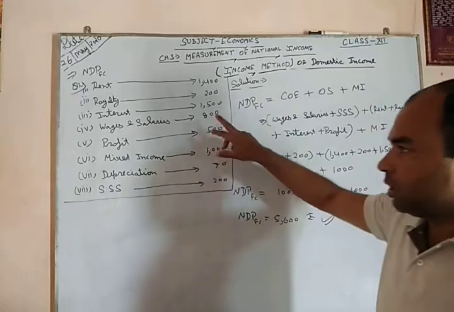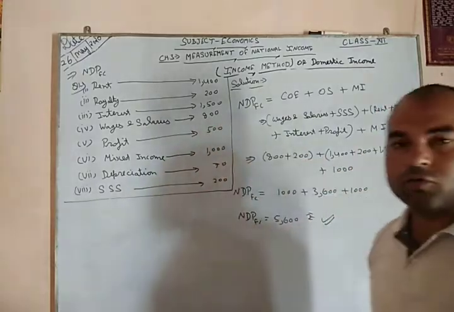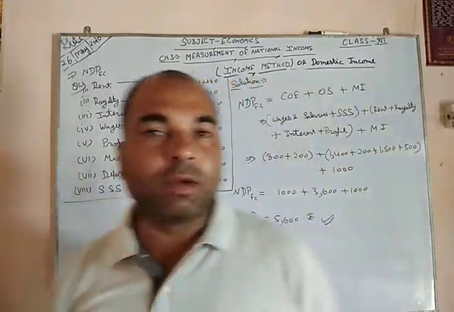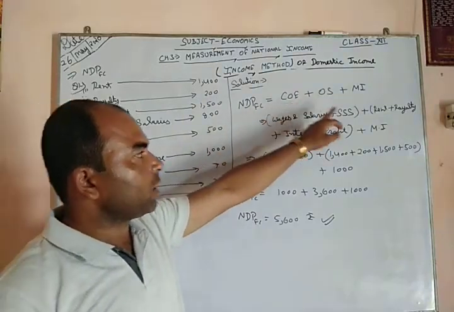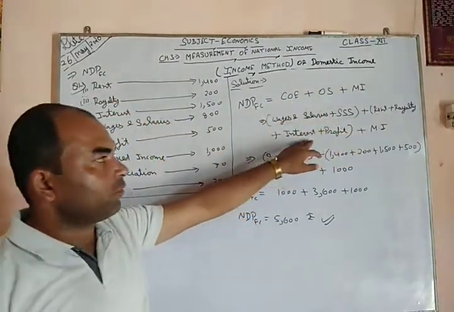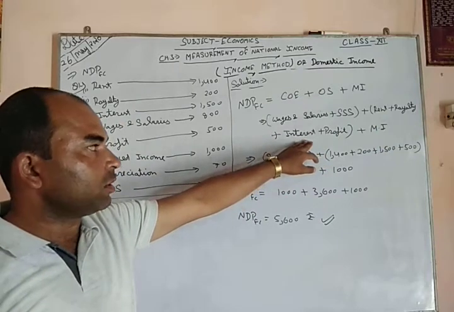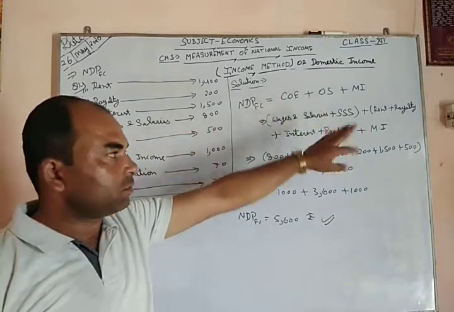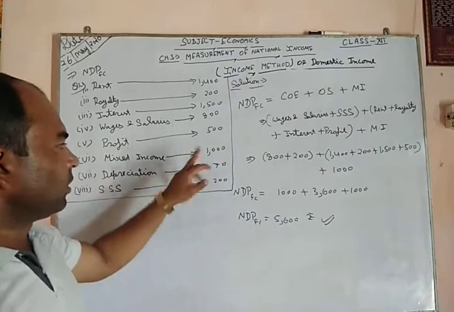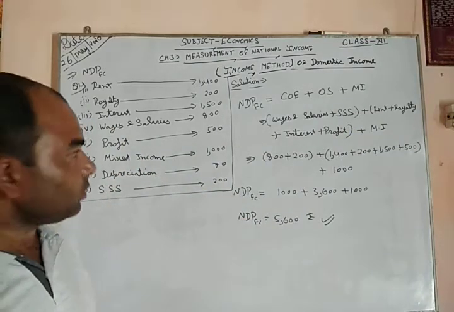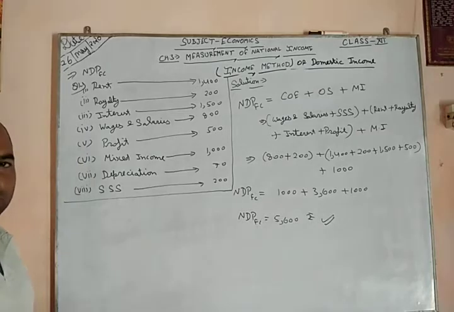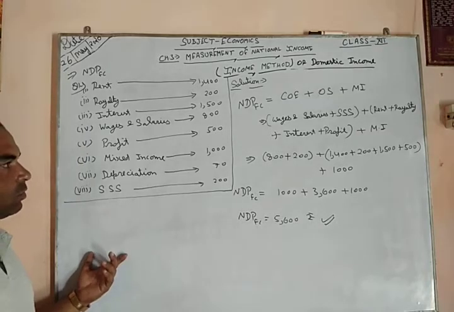But here both are given, wages and salary and social security scheme, so we have to add these two things. Then we can calculate COE plus rent, interest, royalty, profit; when we calculate this, it is operating surplus, and mixed income is given separately. So by the help of this we can calculate NDPFC or domestic income. I hope it is clear to students.